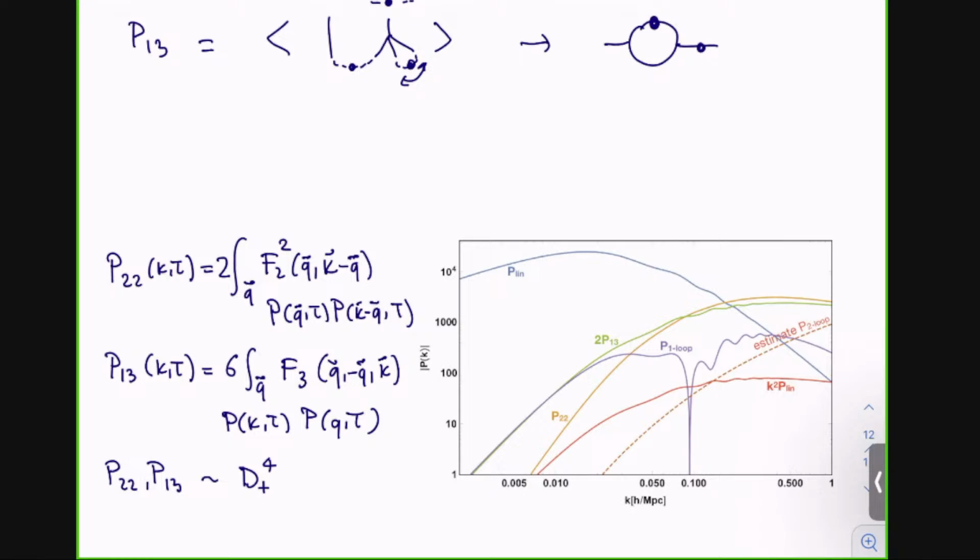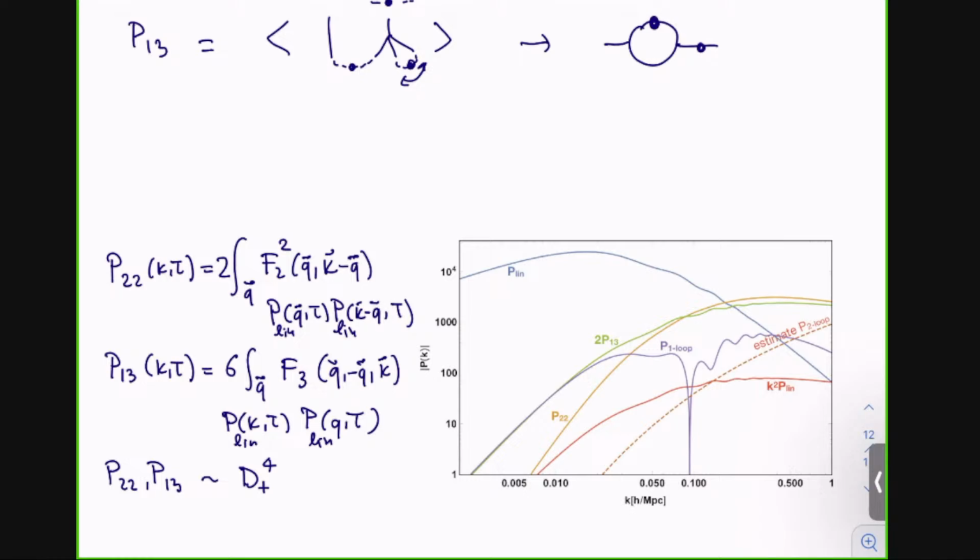If I give you the linear power spectrum, let me specify that all these are, of course, linear spectra, and I give you this form of perturbation theory kernels, you can solve these integrals numerically, and you can compute what are the nonlinear corrections to the linear power spectrum.